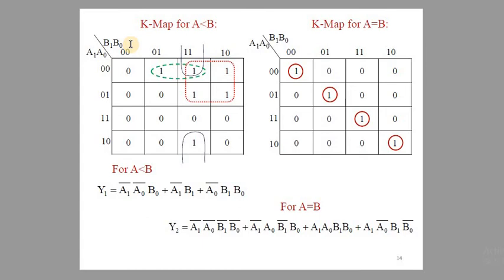We know the gray code pattern is used in the K-map. Therefore the given entries are marked as 1.